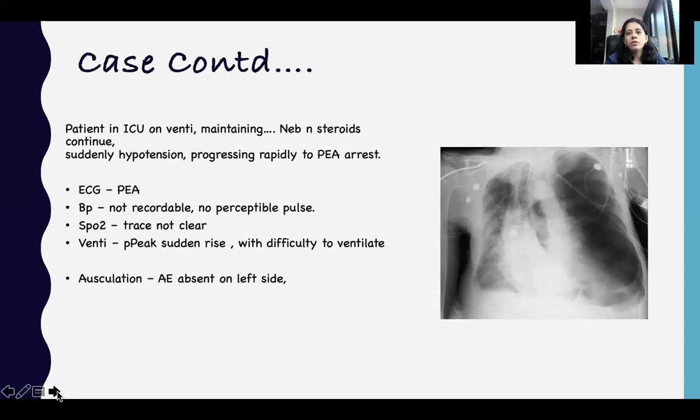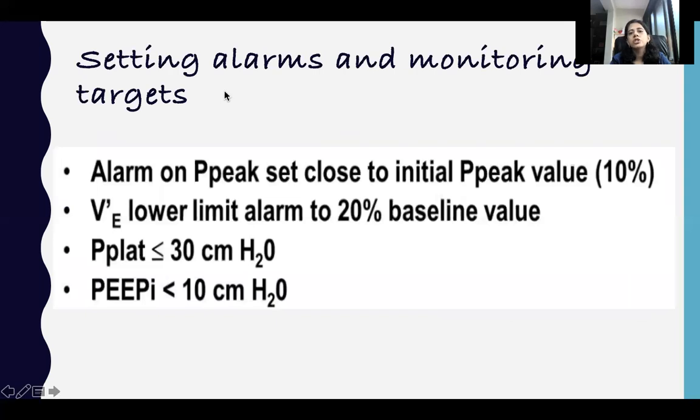So being aware that these patients are at high risk of barotrauma, and that rupture of the alveoli causing tension pneumothorax is another important point. To be aware of this and to troubleshoot it, what is important is that we set our alarms and monitoring targets very clearly in these patients. Especially important is the peak pressure alarm. The peak pressure alarm should be set close to 10% above the P peak value.